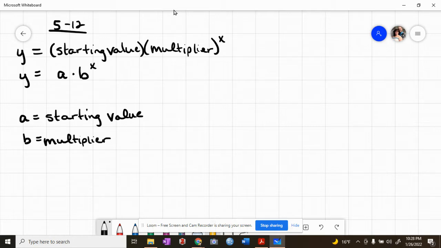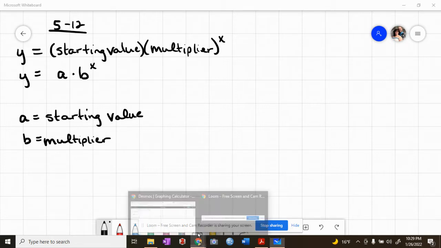Okay. So what we are going to explore through this lesson is how changing the value of A will impact your graph, and how changing the value of B will impact your graph. So I'd like to show you this.